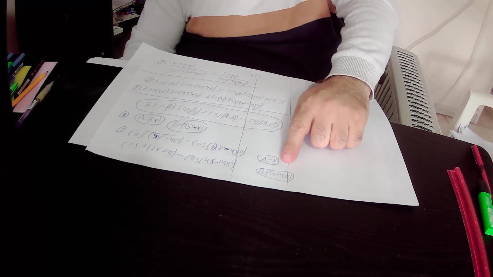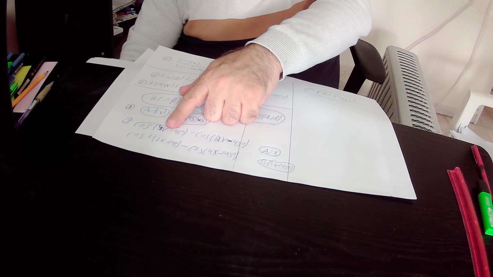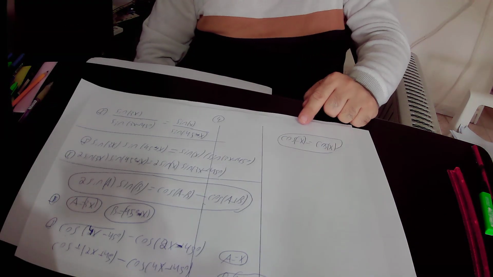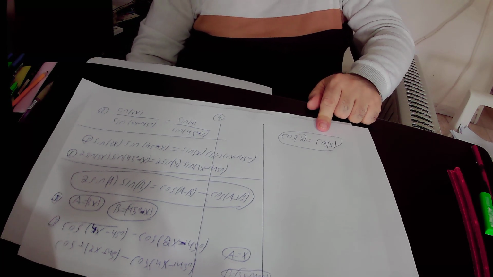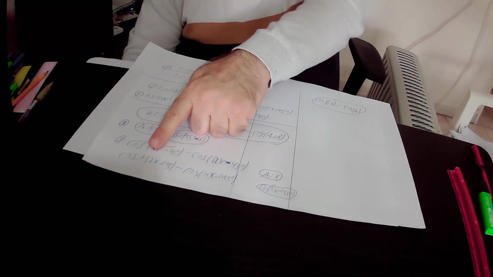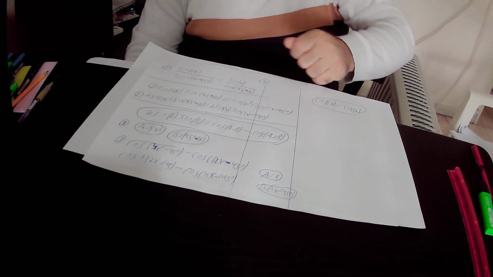So we got here cosine (minus 2x minus 45 degrees). But because of the trigonometric identity that cosine of minus theta equals cosine theta, we can change the negative sign to a positive sign. We changed it and we got here cosine (2x plus 45 degrees).